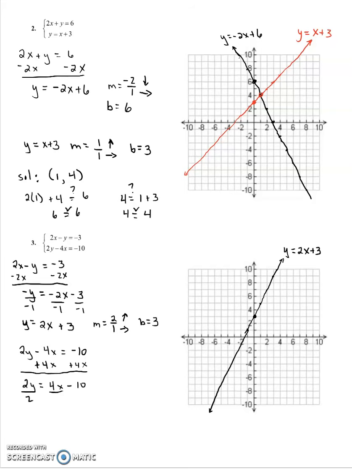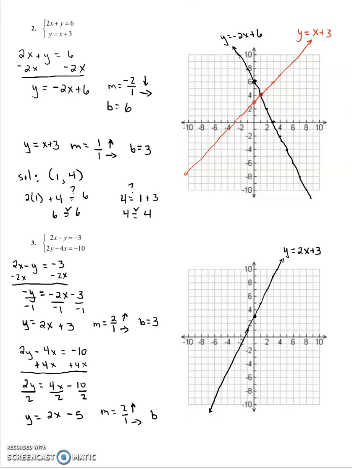And then, of course, we have to divide everything by 2, which gives us y equals 2x minus 5. So if we graph that one, we have a slope of 2 over 1, which means up 2, right 1.